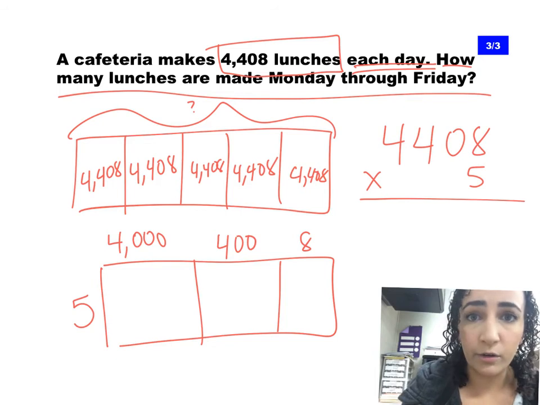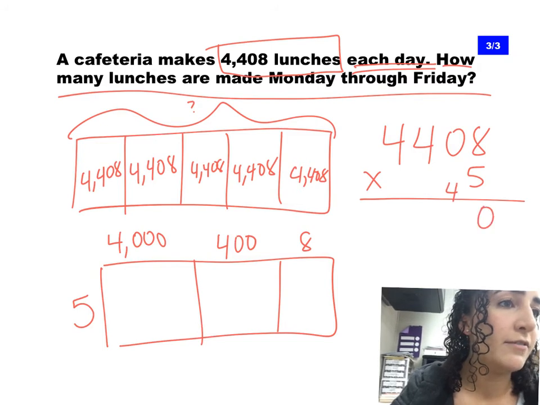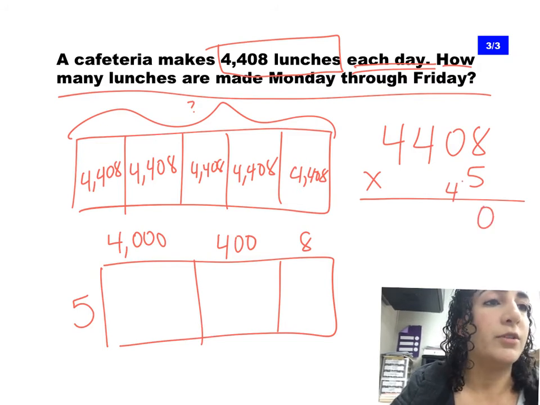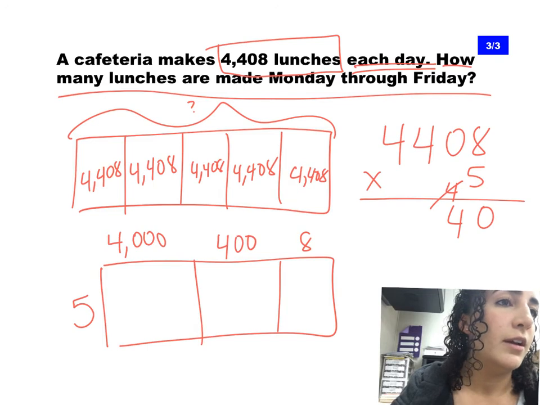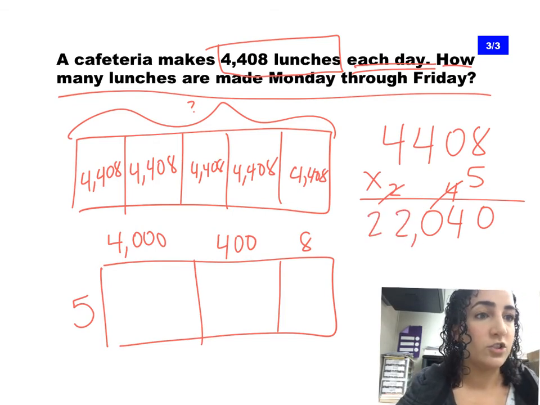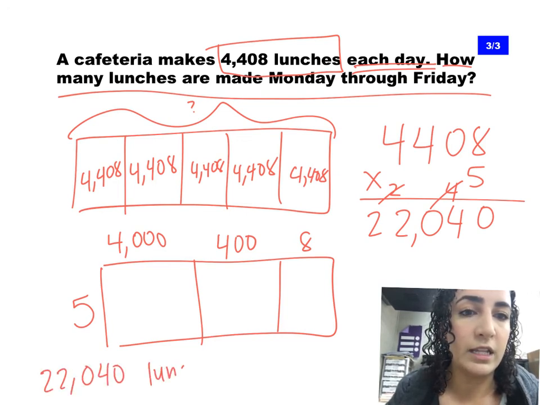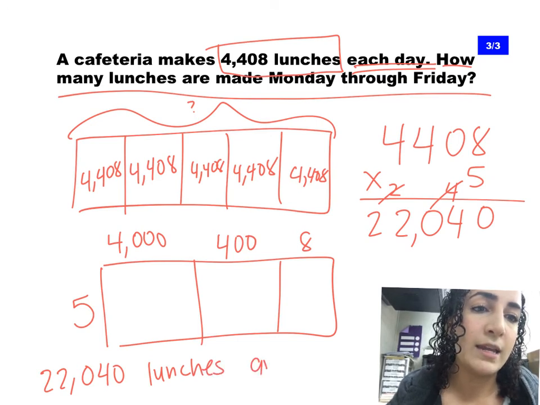I prefer the standard algorithm personally, but that's just me. So let's see, 5 times 8 is 40, 5 times 0 is 0, 0 plus 4 is 4, 5 times 4 is 20, 5 times 4 is 20, and 20 plus 2 is 22. So how many lunches are made Monday through Friday? I would say 22,040 lunches are made.